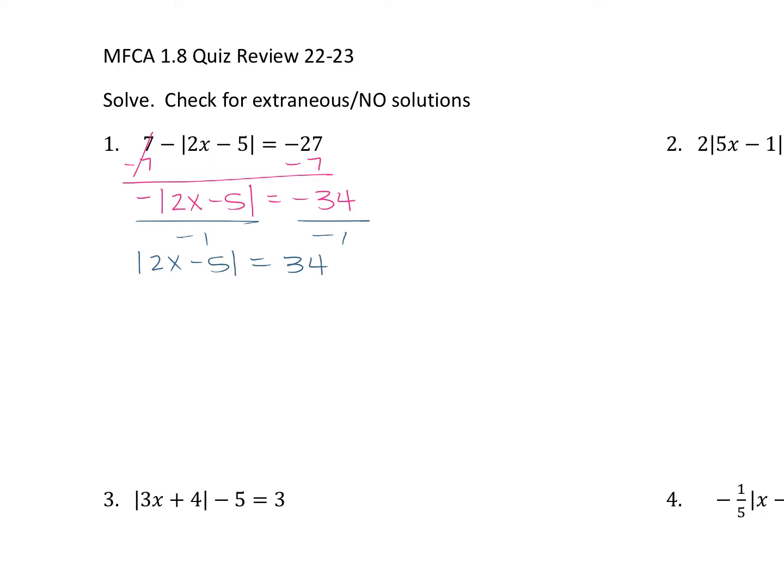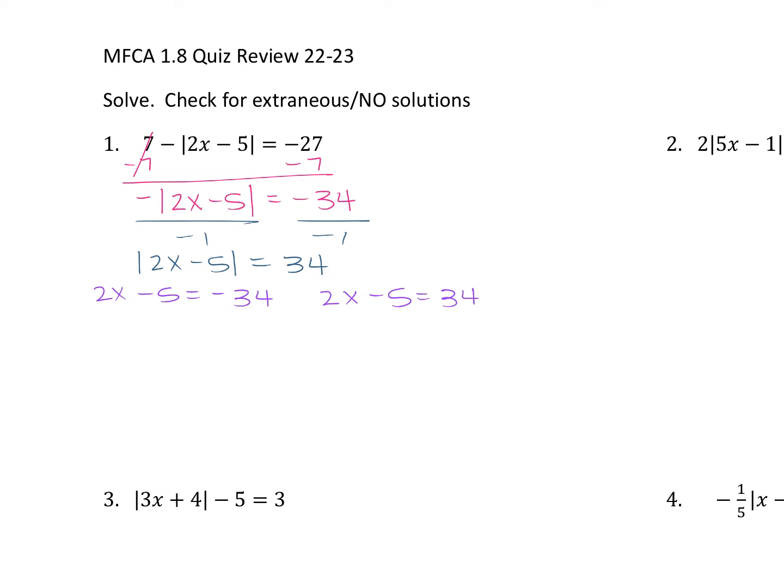Because this is equal to a positive number and our absolute value is isolated, we can separate this into two equations and solve both of them without the absolute value. So that's going to give us 2x minus 5 is equal to negative 34, and 2x minus 5 is equal to positive 34.